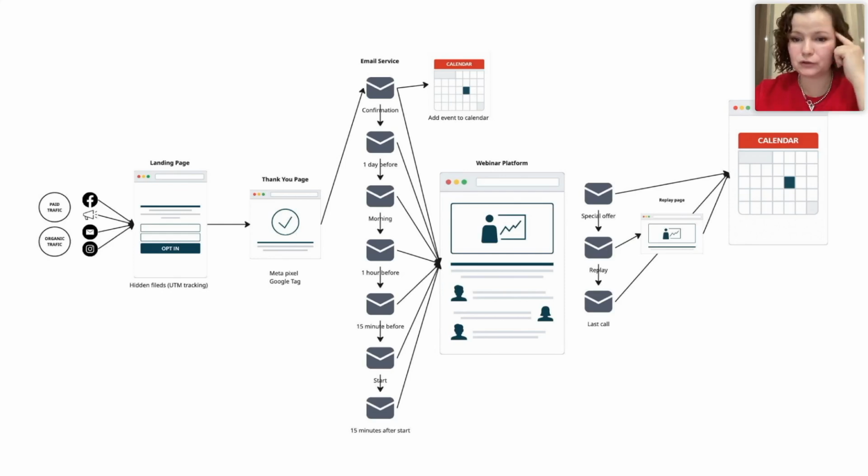So don't forget, you have a webinar today, and here's the link to the broadcasting room. And also post-webinar communication, because based on my experience, maybe not the same number of leads, but 10% of the whole conversion rate from registrants to applications will come from your CRM, so from your email service. So pay attention to this.